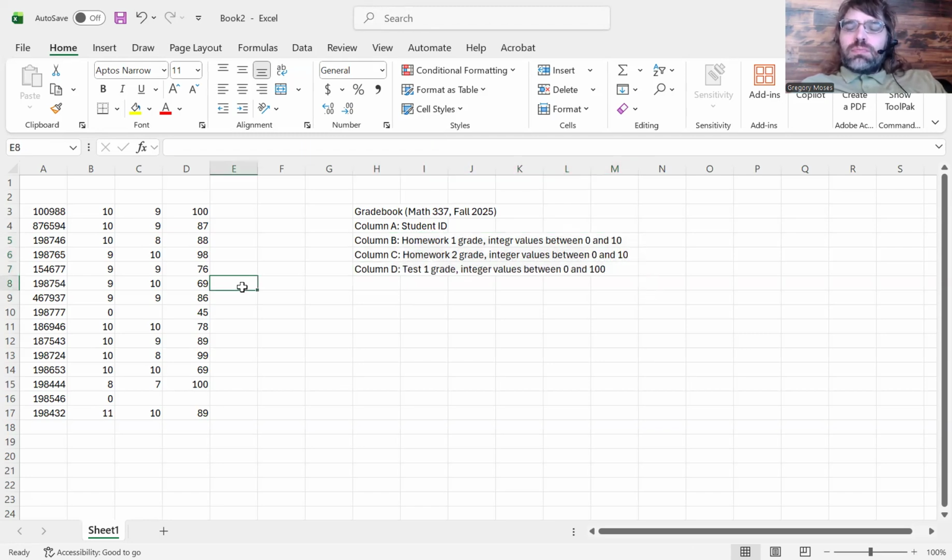Well, now 2 things are true. You have context to judge these numbers or to assign meaning to these numbers. You can see that this student seems to be doing really well, for example. And you can spot an error. You can look at this 11 and say 11 isn't a valid value for this column.